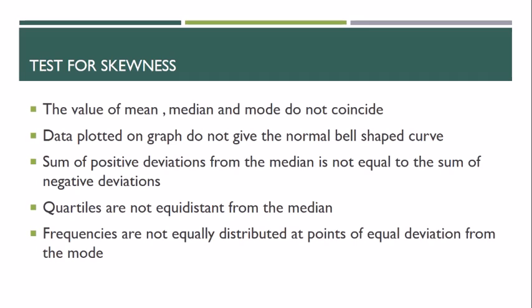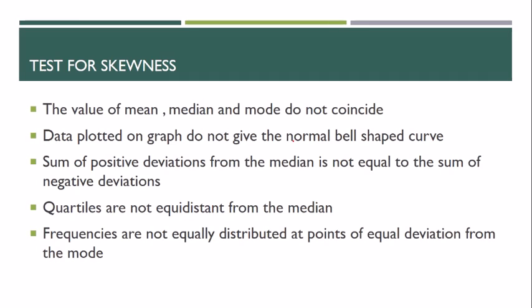If skewness is present in a particular data, the values of the mean, median and mode will not coincide, and when the data is plotted on a graph, they do not give the normal bell-shaped form. That is, when you cut along a vertical line through the center, the two halves won't be equal.